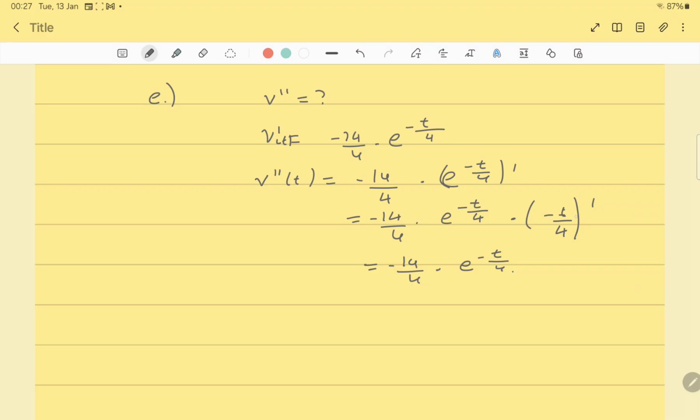The derivative of minus t over 4 is going to be minus a quarter. So it's going to be minus 14 over 4 times a quarter, which is 14 over 16 e to the minus t over 4.